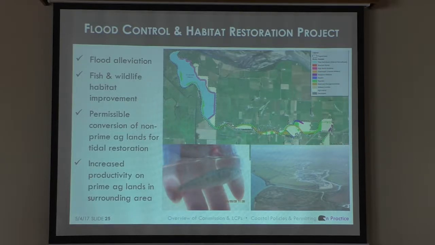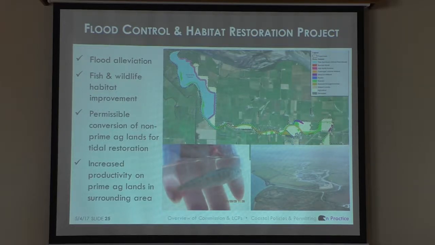They did substantial alterations to the Salt River, 7.5 miles of river dredging, which we were able to prove consistent with the Coastal Act because it was for the dual purpose of flood control to protect existing structures in the floodplain, as well as habitat restoration.